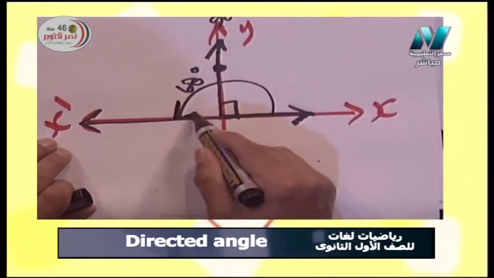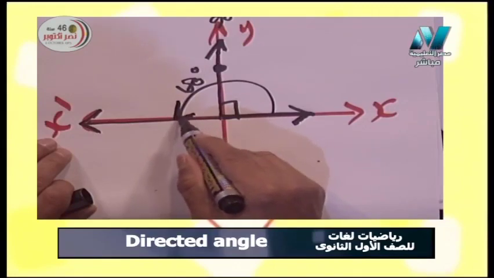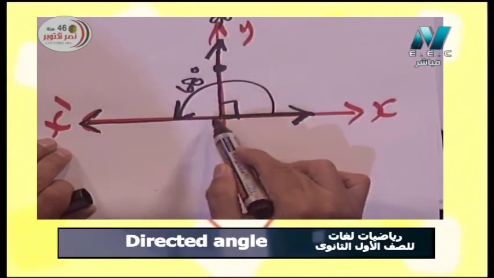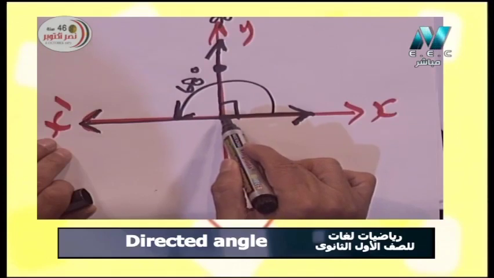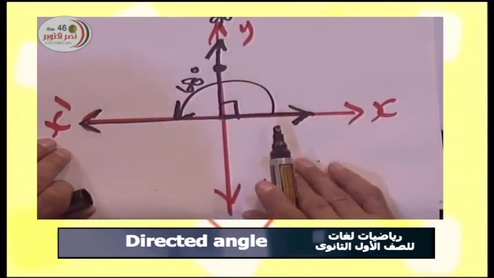So 180 is a quadrantal angle because its terminal side lies completely on the x-axis.